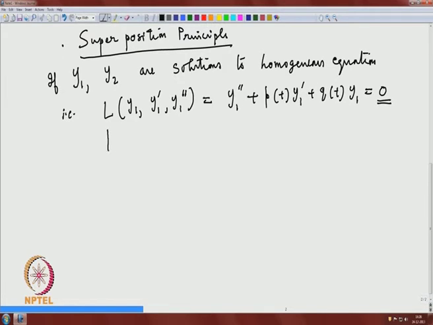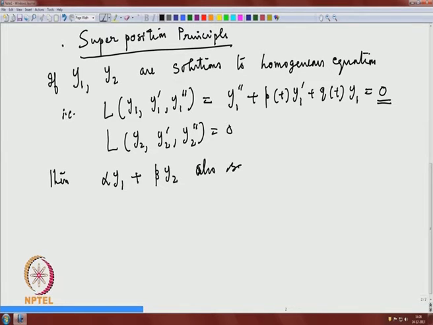Similarly, L of y2, y2 prime, y2 double prime equal to 0. So, if y1 and y2 are solutions to your homogeneous equation, then y equal to alpha y1 plus beta y2 also satisfies L of y, y prime, y double prime equal to 0.